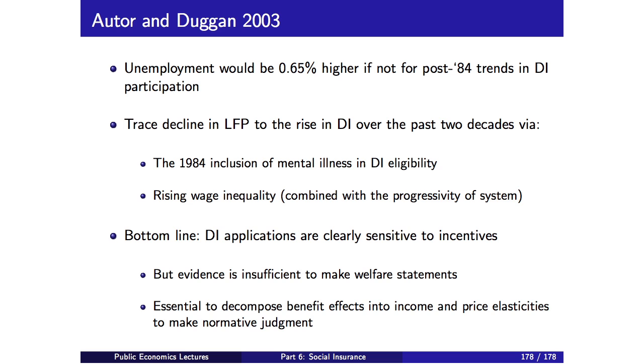Likewise, when you expand unemployment insurance, there's going to be a spillover fiscal externality effect on the DI program. So what I've been seeing very recently is a set of papers that try to think about how that affects optimal benefits, so rather than thinking about optimal policy for each program separately, thinking about it jointly.